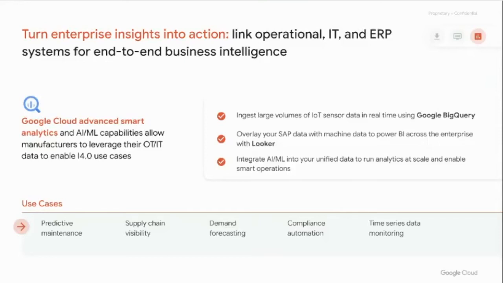SAP themselves have recently hosted their development environment on GCP. This data, coming from different sources, when ingested and aggregated, can reveal great actionable insights about your business, which can be really game changing.